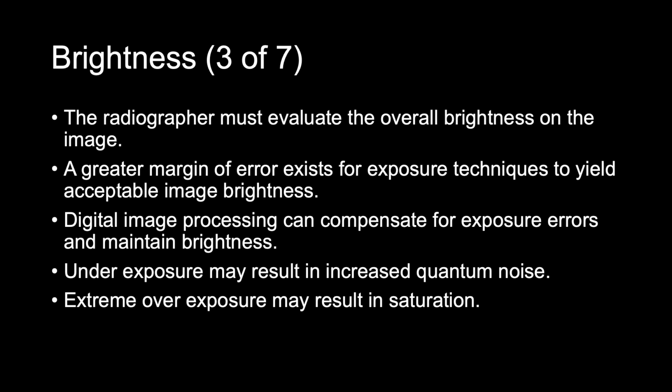So this is what they're talking about with the post-processing, but sometimes it's too light or too dark and we're not able to actually post-process. The underexposure may result in increased quantum noise, and then extreme overexposure may result in saturation.